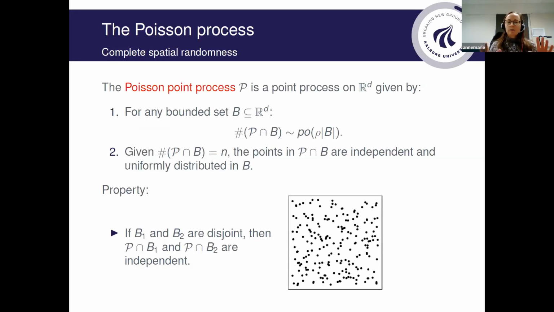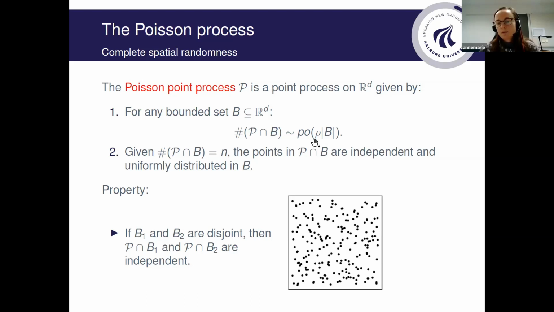Okay, so I'm going to now introduce the 3 different models for point processes that generated these 3 pictures I showed you in the beginning. And the first one was the one where the points are completely independent of each other. This point process is called the Poisson point process. Its definition is as follows. If you have a bounded set B, then the number of points inside that set will follow a Poisson distribution.